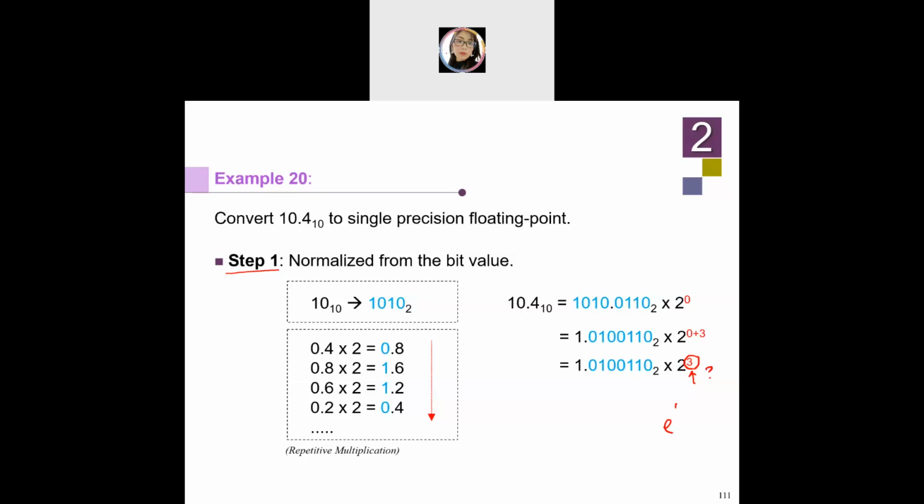Okay, this is our E prime. Next, what we need to do? Of course, we need to find the EB, the biased exponent. That's why we need to know how many bits we have. This is single precision, 32 bits, doctor. Yes, it is 32 bits.